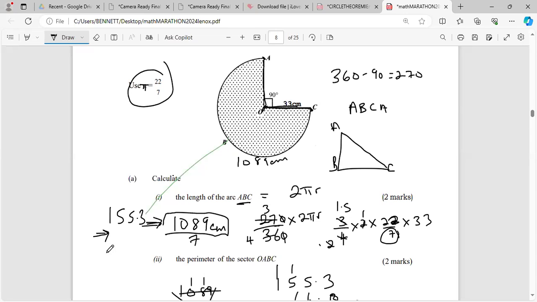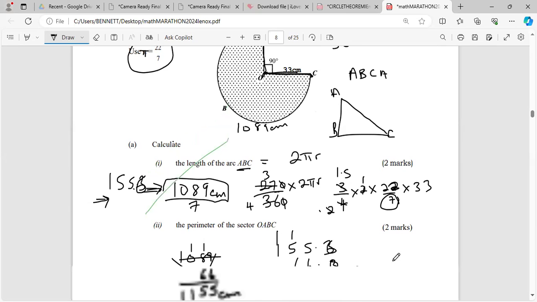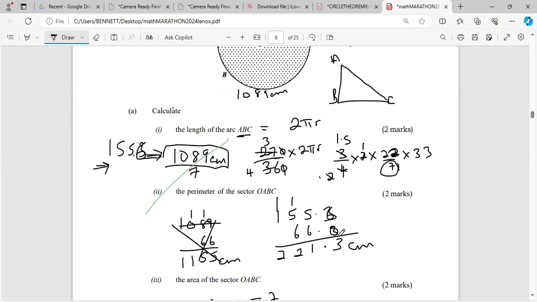So this should actually be 0.6. Not much difference. I think I put 7 there, so that's why I got 0.3. But it should have been 89.